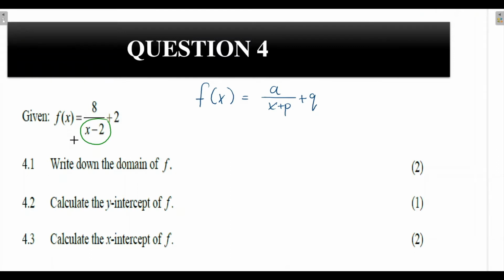That is where we are restricted in the denominator. x minus 2 cannot be equal to 0. So to get the domain, you focus on the denominator, x minus 2, and that expression cannot be equal to 0, because when it's equal to 0, it's going to be undefined. So x cannot be equal to 2, you take the 2 to the right hand side.